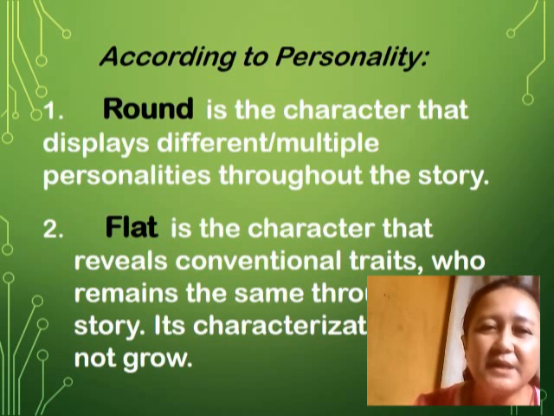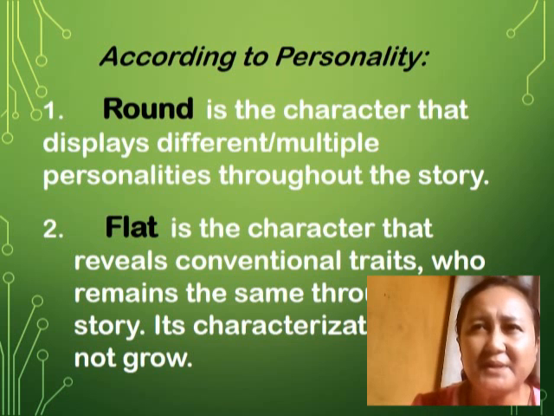So when I say round character, it displays multiple personalities throughout the story. Sometimes this person will show himself as a kind person, but at other times there are also circumstances that provoke his anger.